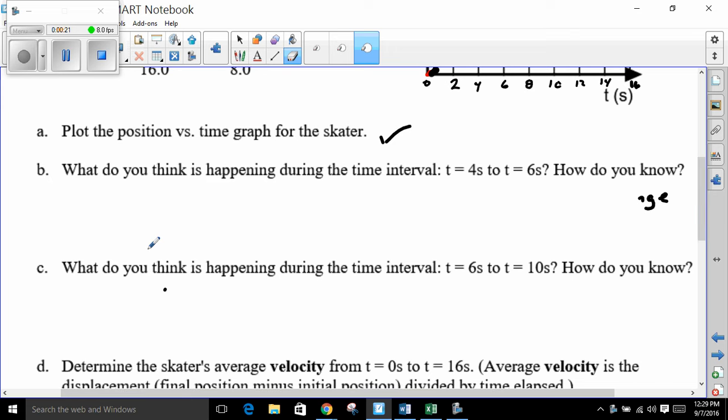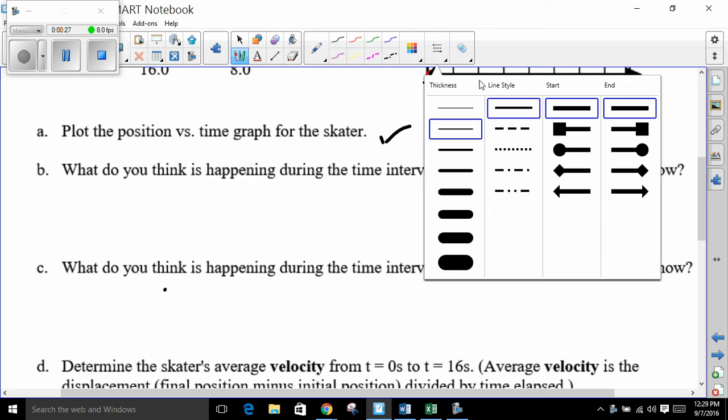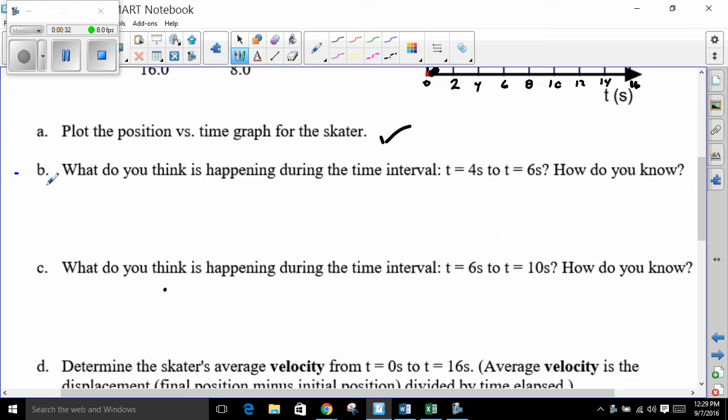What do you think is happening during interval 4 to 6? During interval 4 to 6, there's no change in position. Therefore, the skater is motionless.